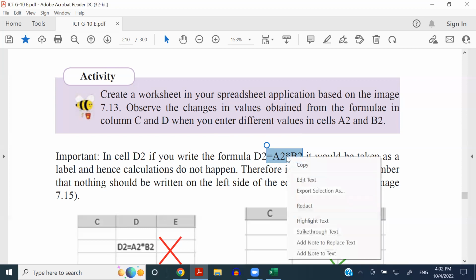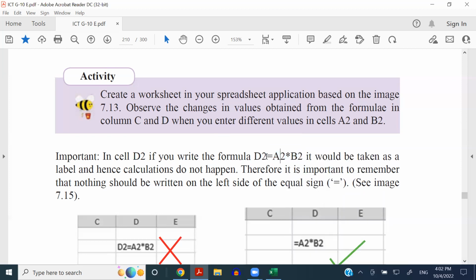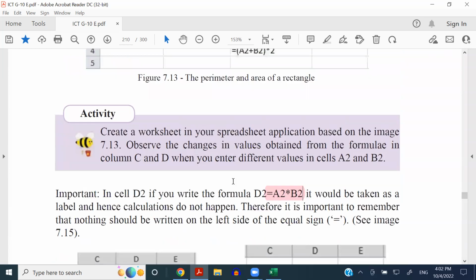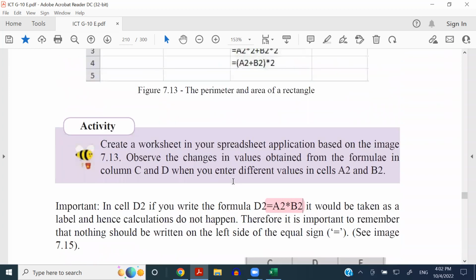Only the highlighted part, people. Sir, what should we write again? As an example, you can write the one I have highlighted, starting from equals A2 times B2, not the D2 part.